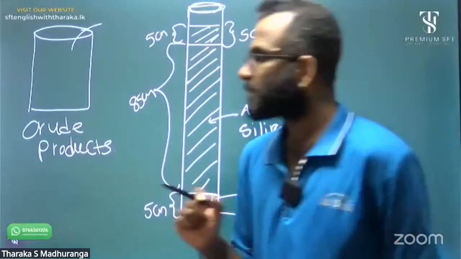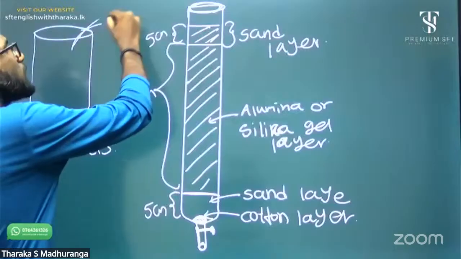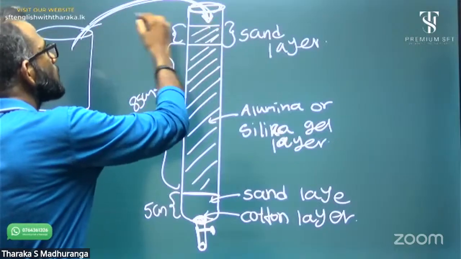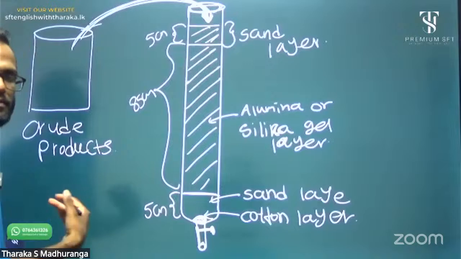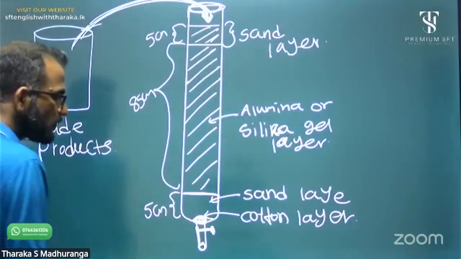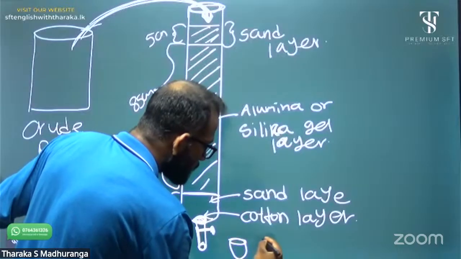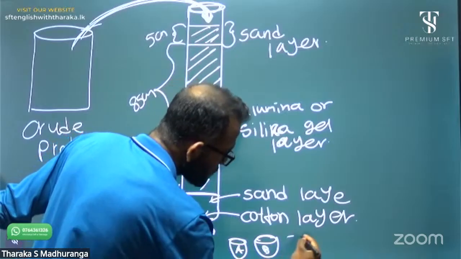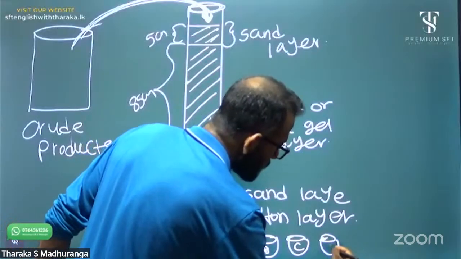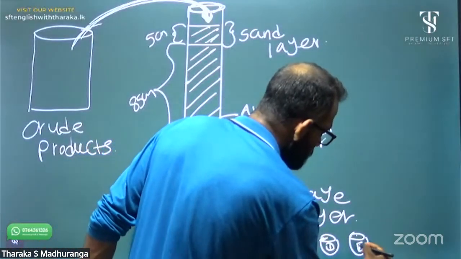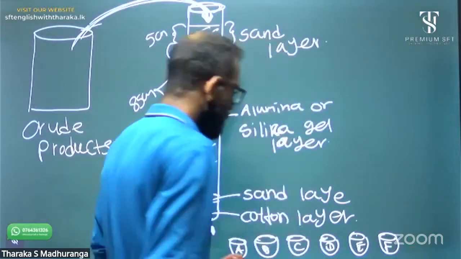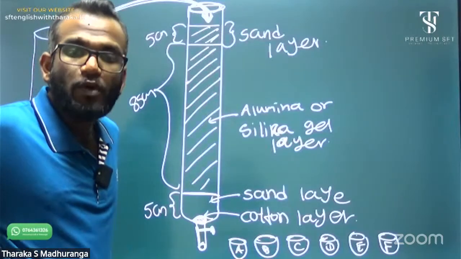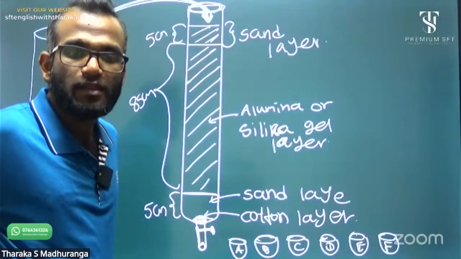What we can do is continuously add this crude product solution into this column, onto the sand layer, and we can collect 5 milliliter small cups with numbering A, B, C, D, E, F. The number depends on the crude product volume, right? 5 milliliter small cups with labeling.